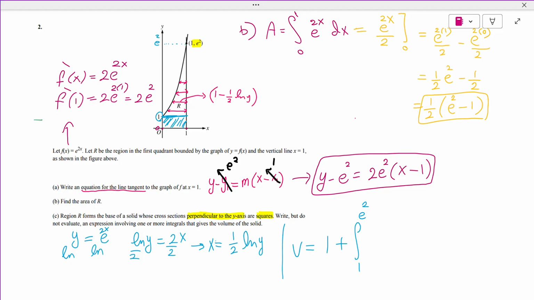This is the length of the side of each cross section. So this is going to be 1 minus half ln of y, all squared. Why did I write squared? Because the cross sections are squares. Okay, so the formula is the integral of s squared dy. That would be the answer of part C.